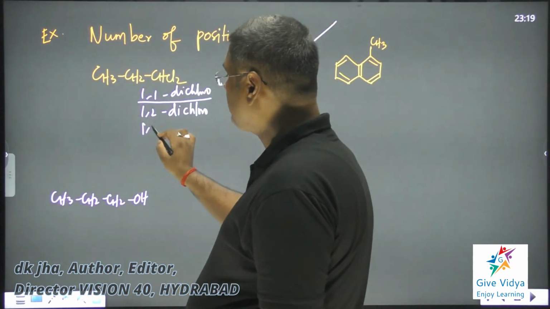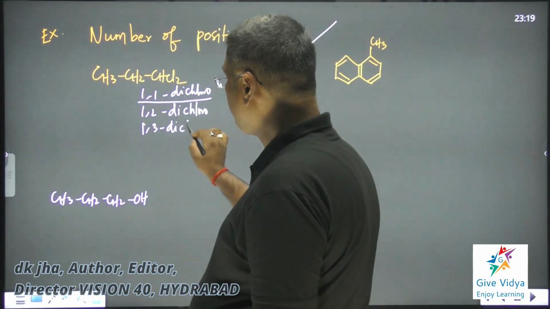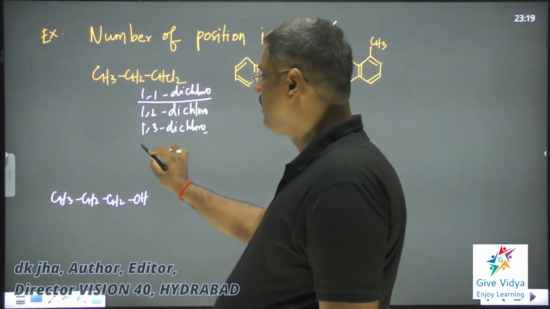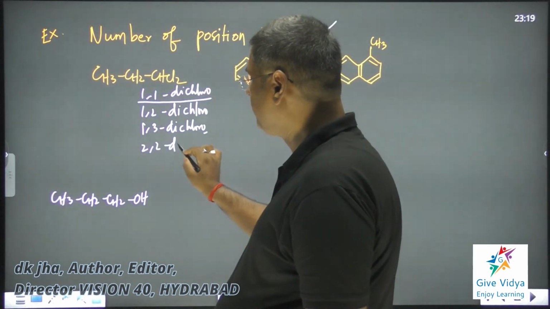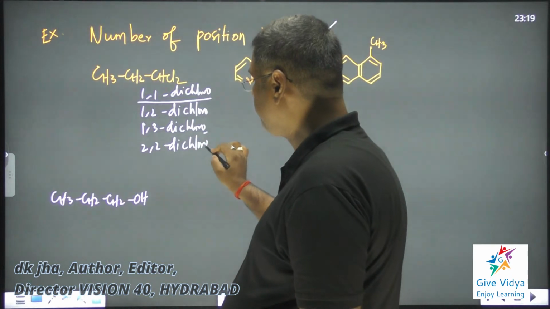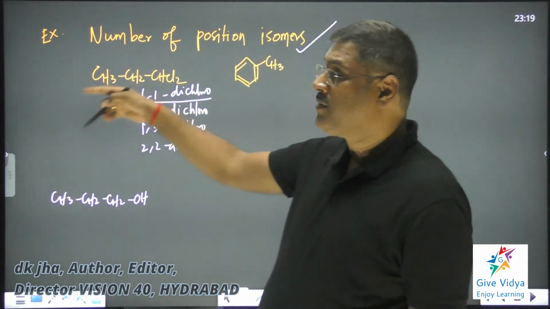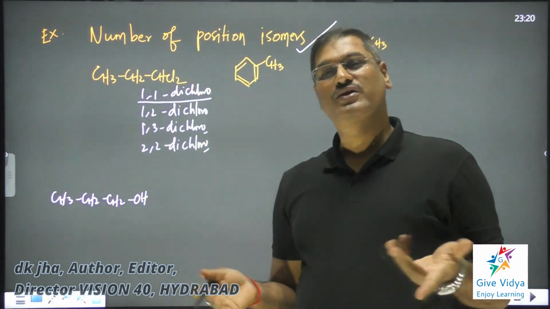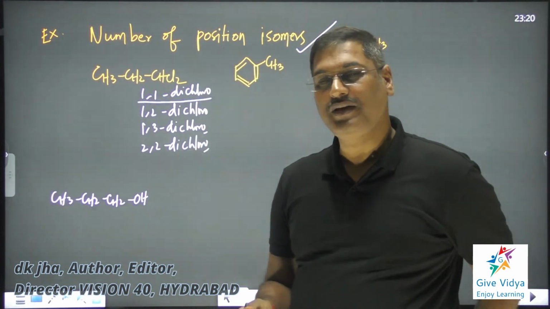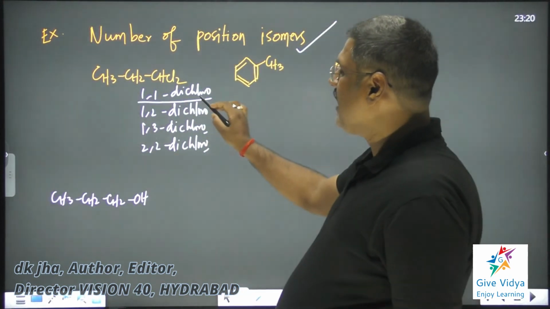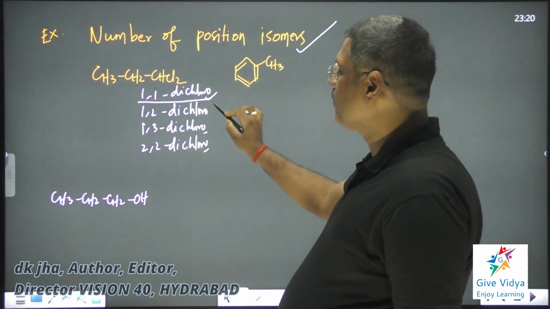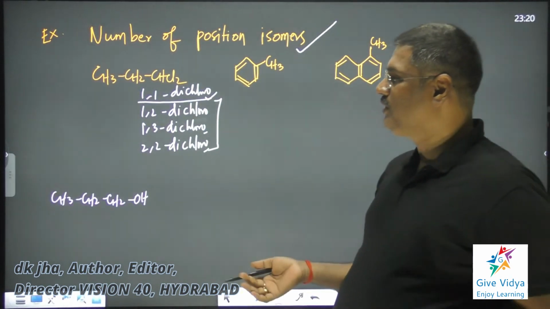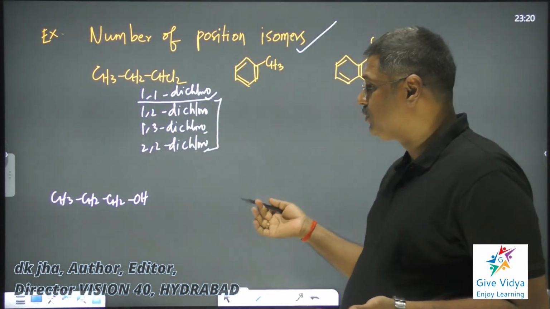And even you can write here 1, 3 dichloro. You can write 2, 2 dichloro. Will you write 3, 3? You can't, because 3, 3 is actually 1, 1. Right? So you cannot write. So position isomers of 1, 1 dichloro are 1, 2, 1, 3 and 2, 2 dichloro.